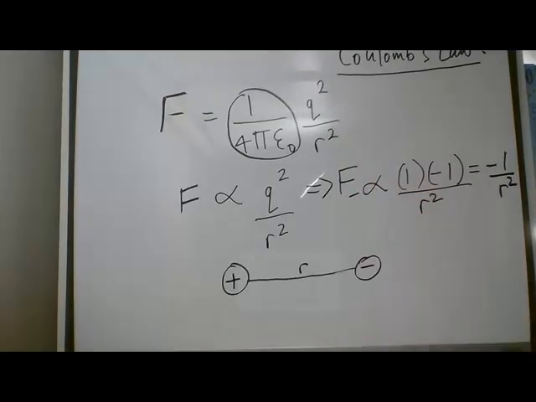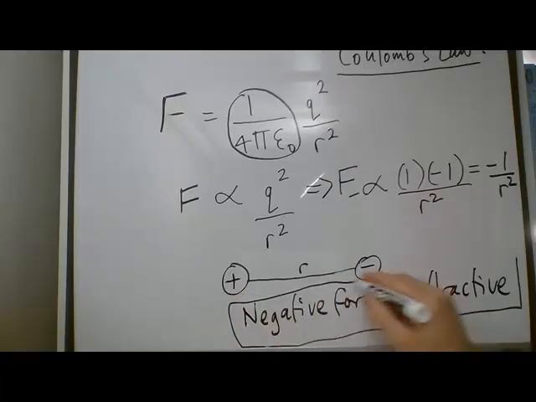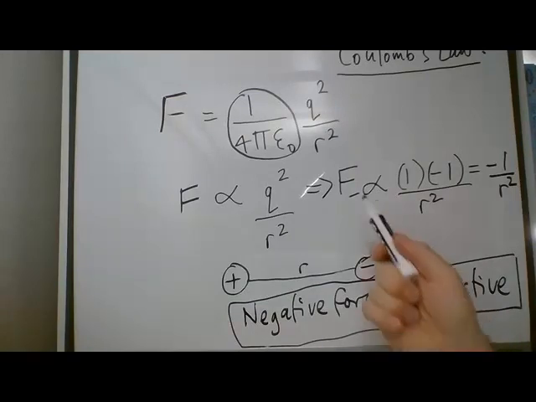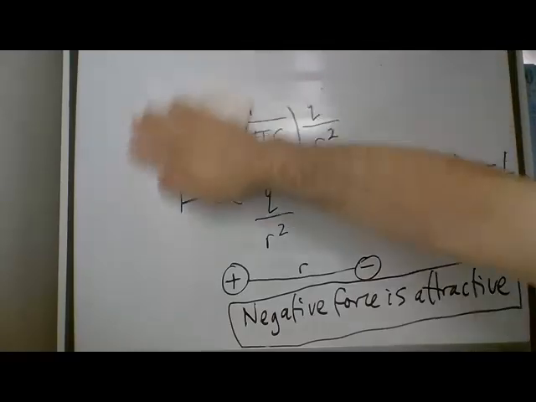So we have a negative force when we have an attractive force. A negative force is attractive. So the saying opposite charges attract: they attract because they have negative forces. Like charges repel: they repel because they have the same charge, positive forces. So this is a recap on Coulomb's law.